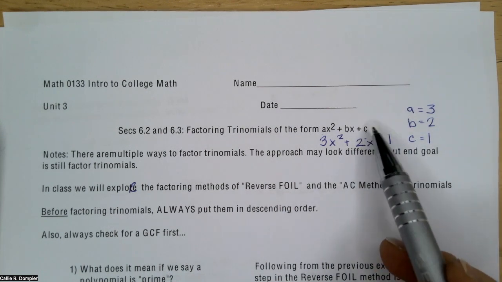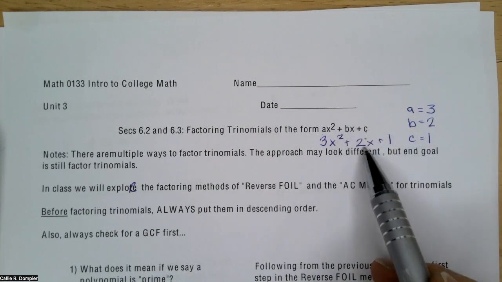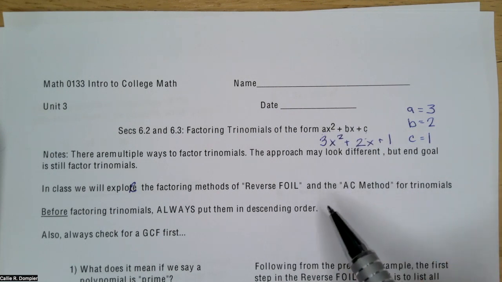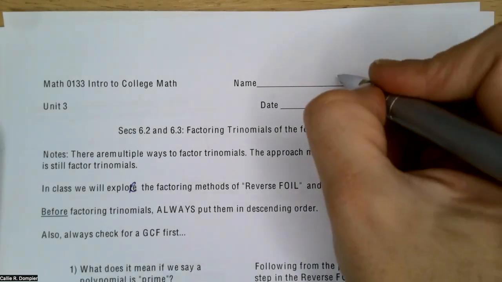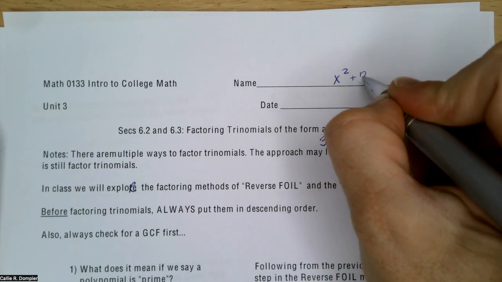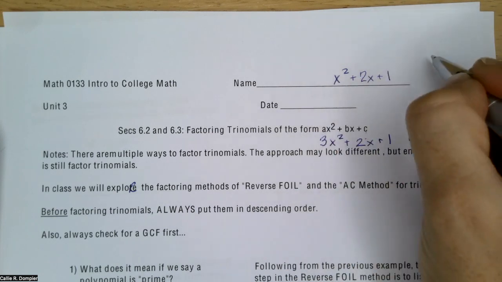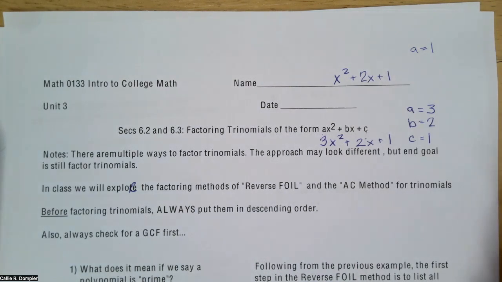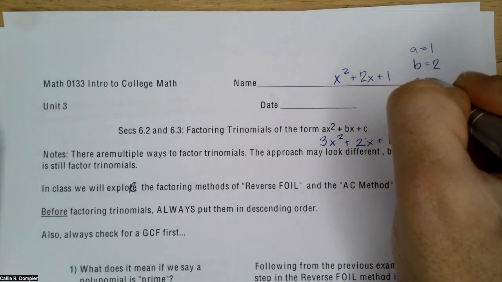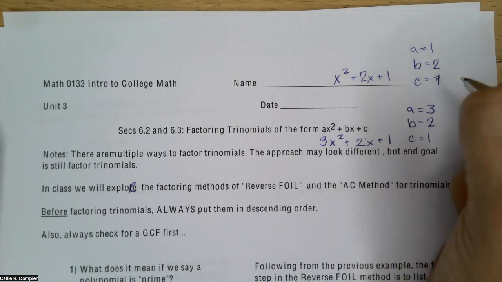So c is our constant, b is the number in front of the x, and a is the number in front of the x squared. Also, frequently you will get, instead of 3x squared plus 2x plus 1, just x squared plus 2x plus 1. That just means that a is 1. In this situation, b is still 2, and c is still 1.